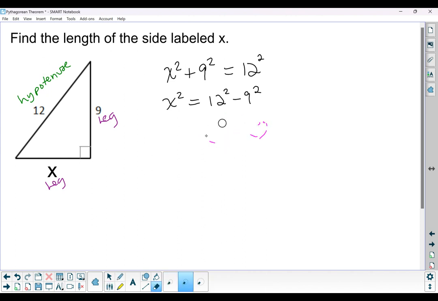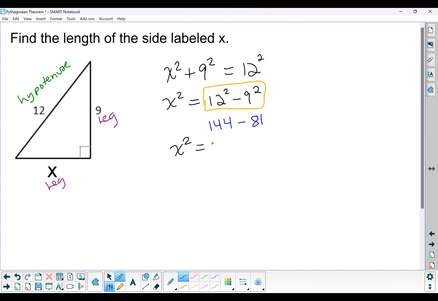So make sure that if you're doing this subtraction, you type in your calculator 12 squared minus 9 squared, or you can square those out and subtract them. 12 squared is 144, 9 squared is 81. 144 minus 81 gives us 63.